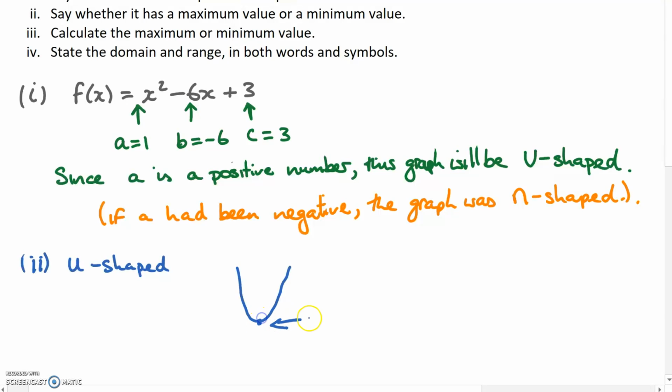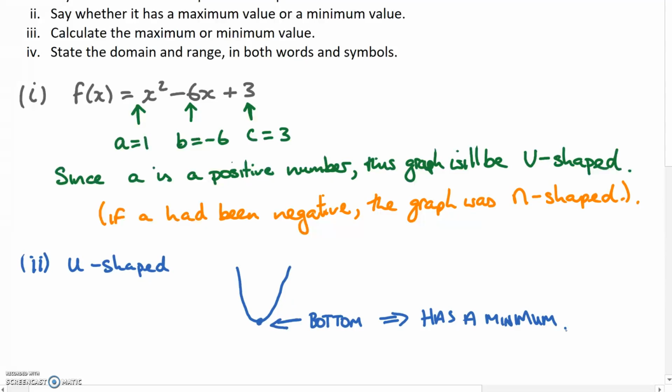That's the bottom, okay? So it has a minimum. And I think that's just obvious from looking at it. That's the lowest point it gets to. The minimum means, does it have a bottom? Does it bottom out? Is there a lowest point? And there is. It has a minimum. Okay, so that's part 2.